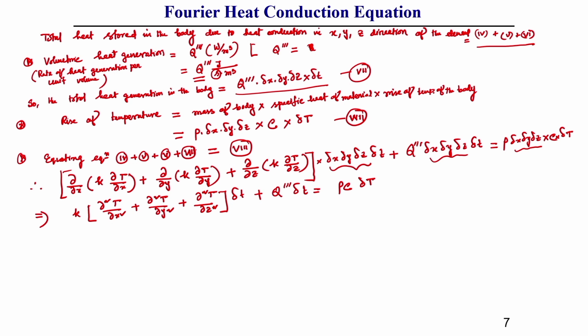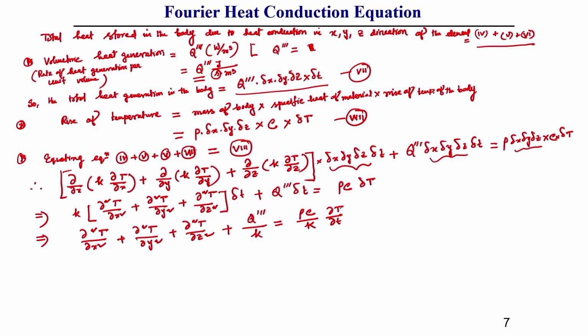Now, this equation further you can write as del 2 T by del x square plus del 2 T by del y square plus del 2 T by del z square plus q triple dot by k is equal to rho c by k del T by del time.